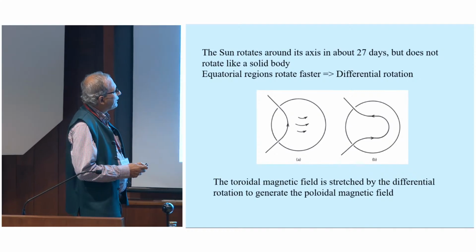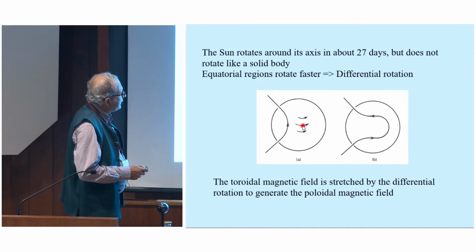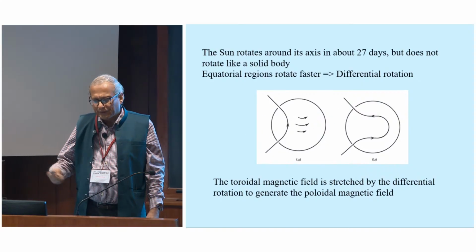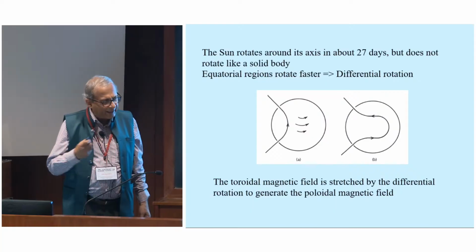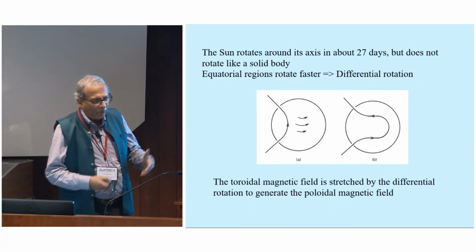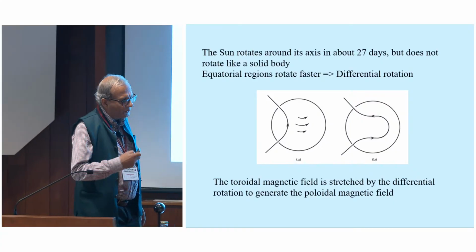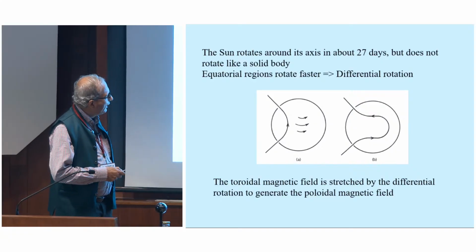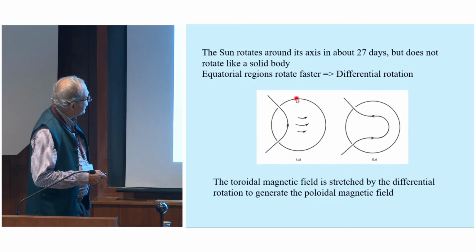It is found that a point near the equator of the sun takes approximately 25 days to go around the rotation axis, but a point at higher latitudes would take more than 30 days. So the angular velocity is higher near the equatorial region.